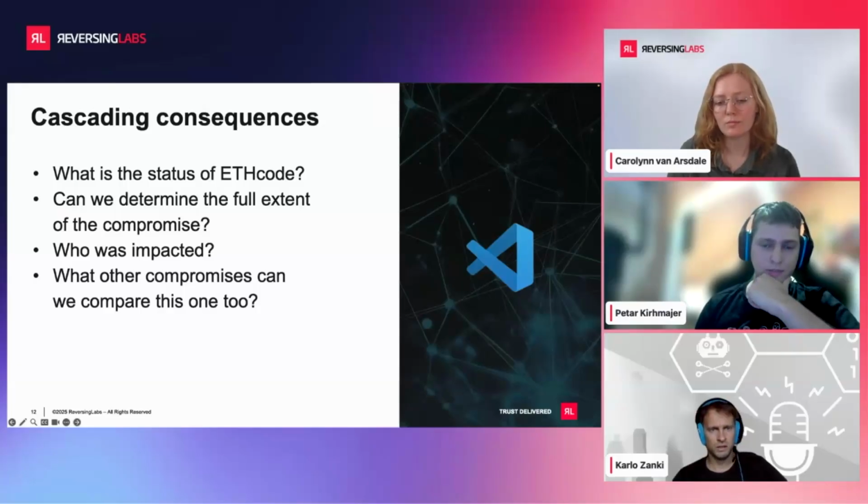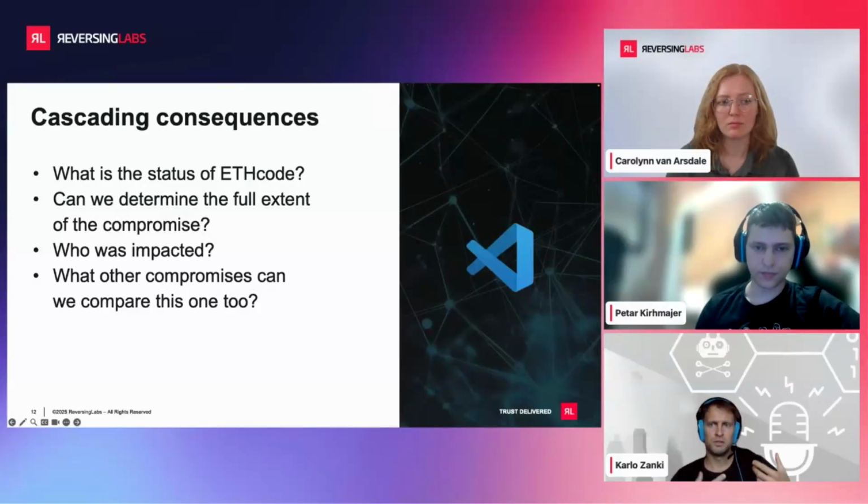Regarding the last question, what we can compare this one to: during our daily threat hunting, we encounter two types of compromises. The first is when malicious actors publish their own packages and try to lure developers into installing them.